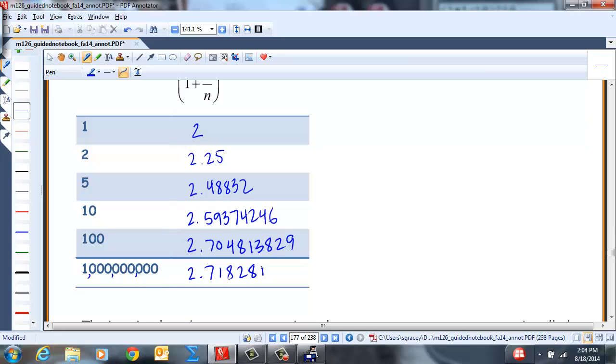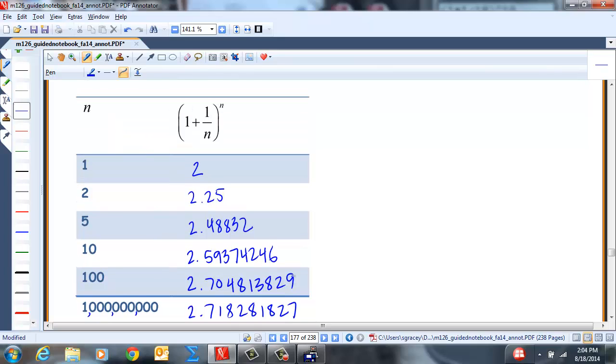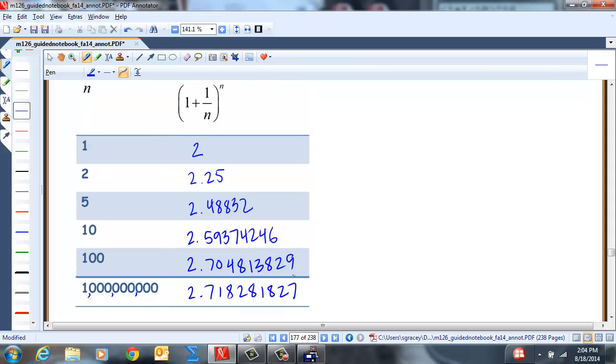So this is a number that you deal with a lot in calculus. It turns out that if you looked at the limit as n approached infinity of this, we've just been plugging in values, you get the number e, okay, the number e.